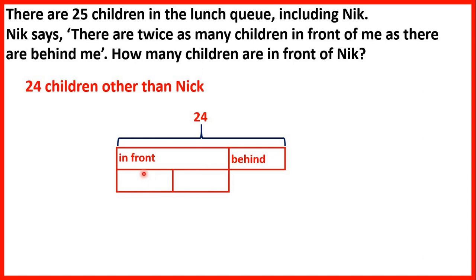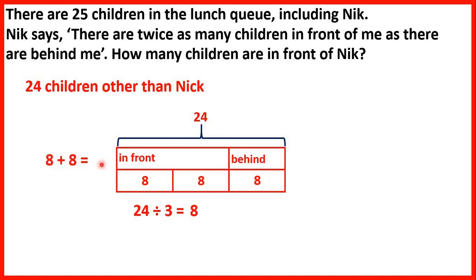Now in front, we can write 2 bars below, because there are twice as many in front as there are behind. So now we have 3 equal bars that give a total of 24. So if we divide 24, the total length, by 3, that gives us 8. So we can write 8 in these bars here.